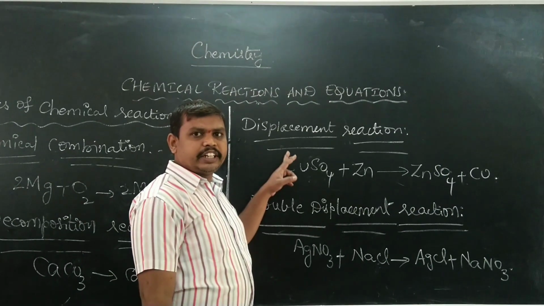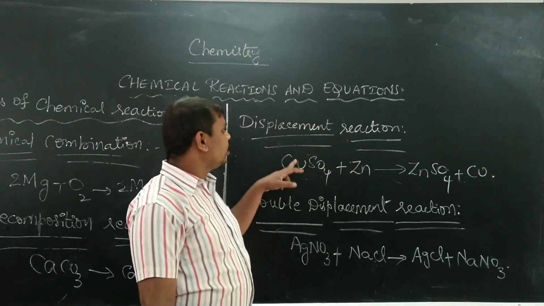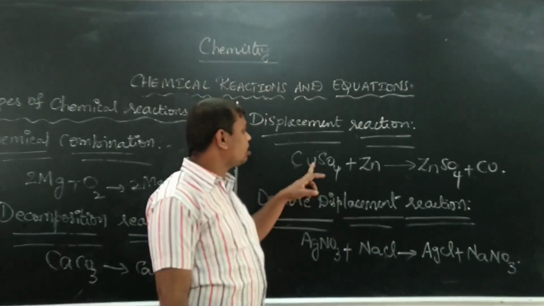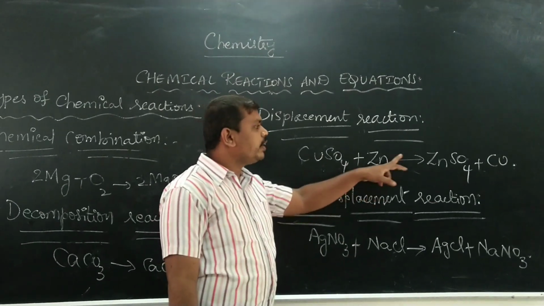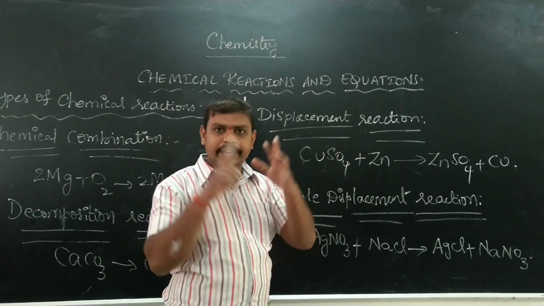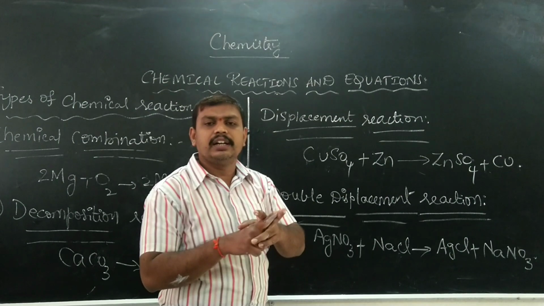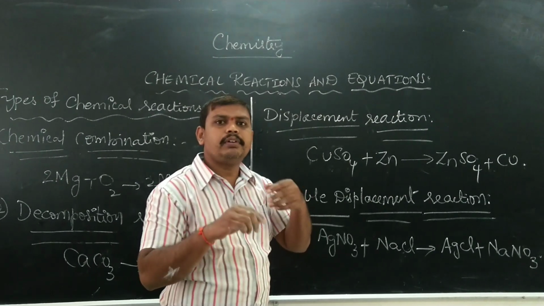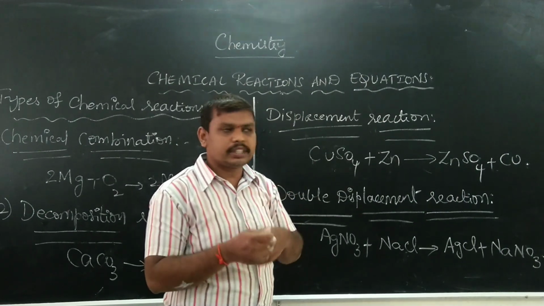The third one is the displacement reaction, students. Here in the displacement reaction, the reaction is copper sulfate plus zinc will give rise to zinc sulfate plus copper. That means they are going to interchange the elements, and they are going to form a new substance.